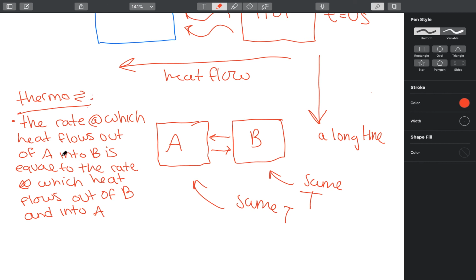The rate at which heat flows out of A and into B is equal to the rate at which heat flows out of B and into A. So therefore, heat is basically flowing in and out at the same rate. And this occurs when these two objects are the same temperature.